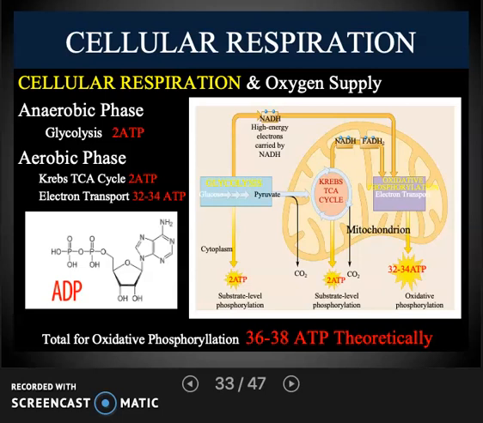Now the big payoff for this, and of course Krebs is happening inside of the matrix of the mitochondria. That's the intracellular space. And what happens is during the reaction, it pumps hydrogen ions outside into the extracellular space. Now those hydrogen ions want to come in, and they come in through the ATP synthase.